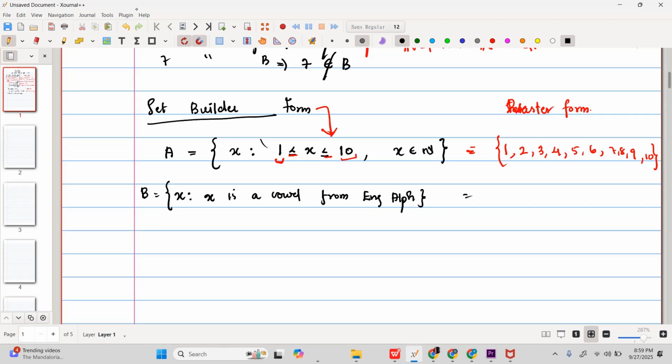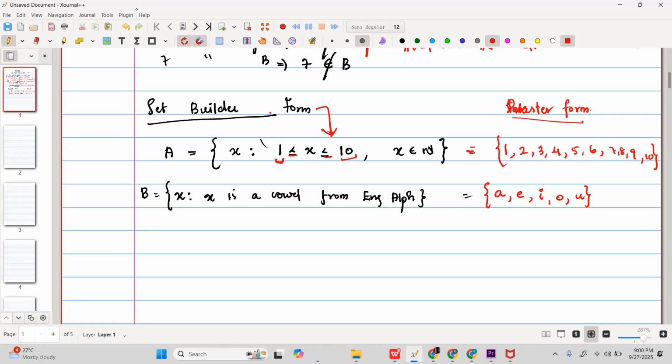We know which are the vowels from the English alphabet. In roster form, the first one is A, then we have E, I, O and U. These are the vowels in the English alphabet. So this is the set builder form and this is the roster form.